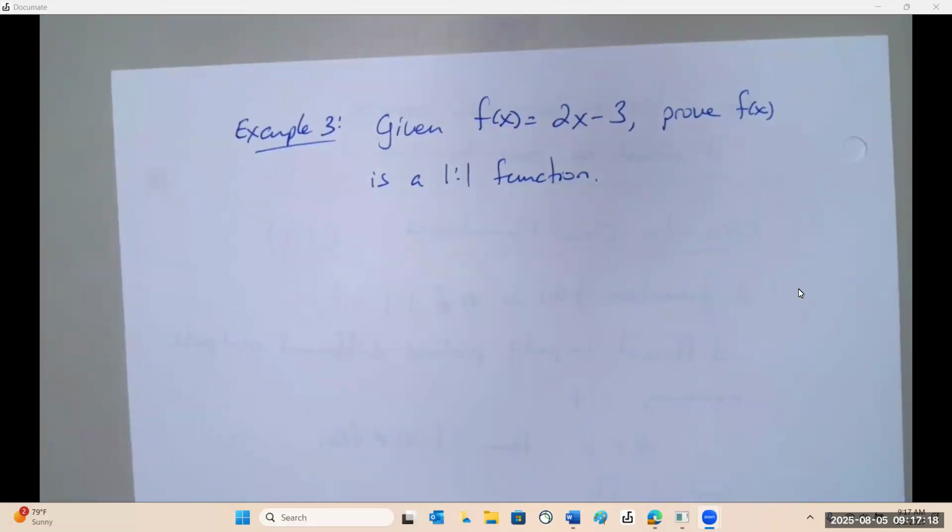With what we just talked about, how would you prove that a function is one-to-one? That it has an inverse. If it has an inverse, then it's one-to-one.